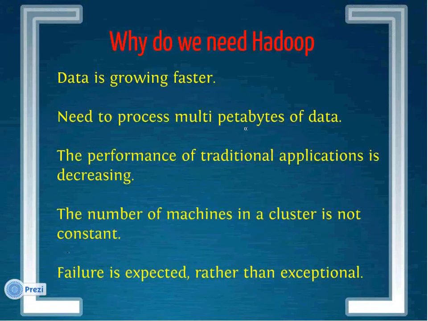It's fine, not an issue. After 5 years, when your business grows and your data increases from 200 GB to 20 terabytes or 30 petabytes, and you are still using the same single machine, the same hardware, definitely there will be a decrease in performance. So you increase the load, there will be a decrease in performance.